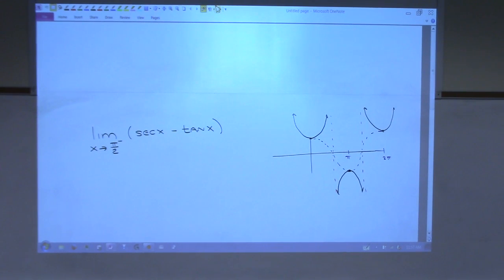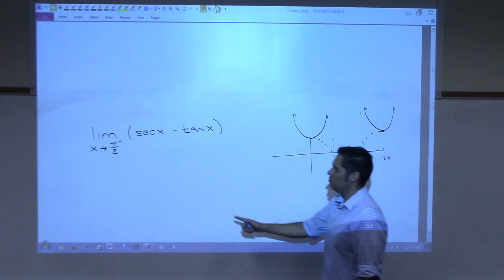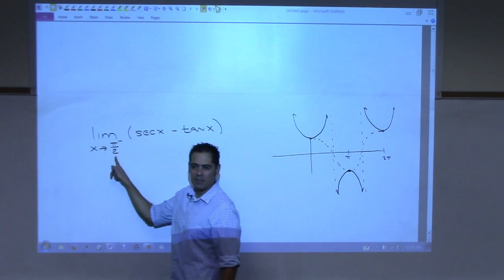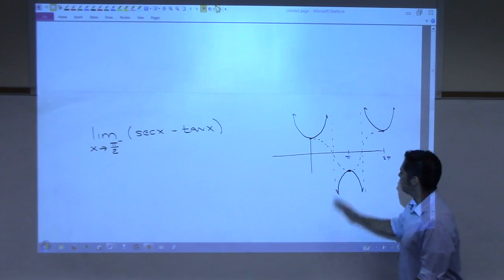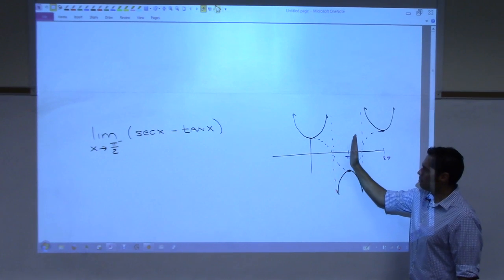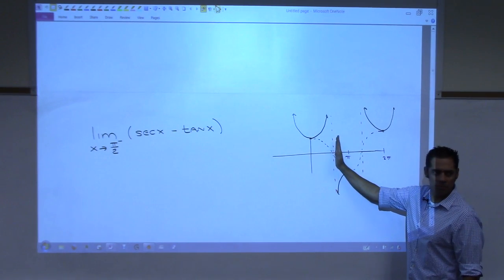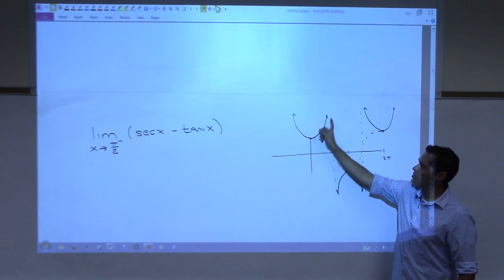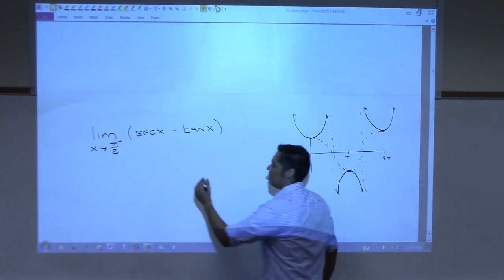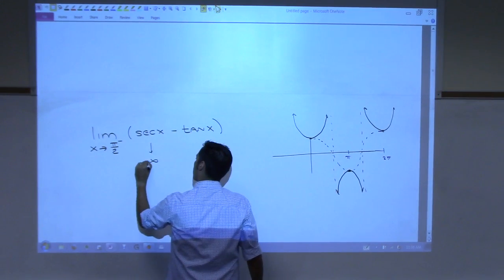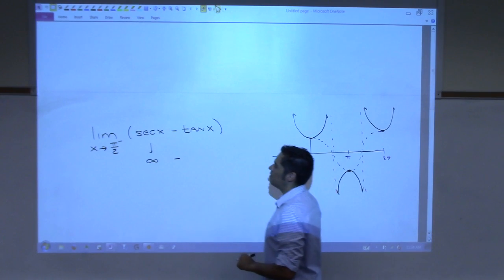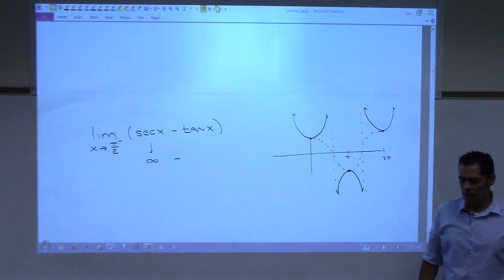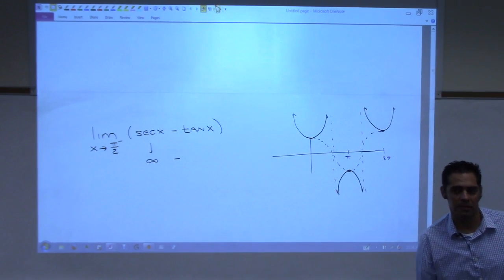I'd like to know what happens as you approach pi over 2 from the left. So here's pi, here's pi over 2. It goes up to infinity. So this is headed to infinity. Minus, now, what's tangent of pi over 2 as you approach pi over 2 from the left?